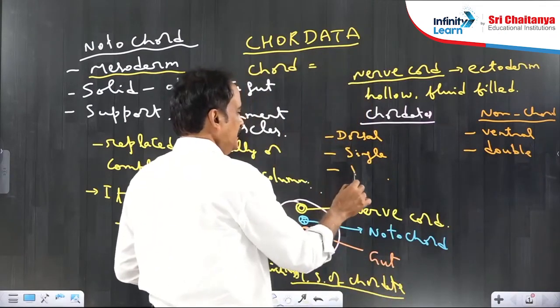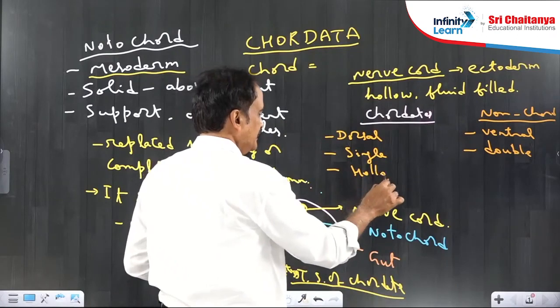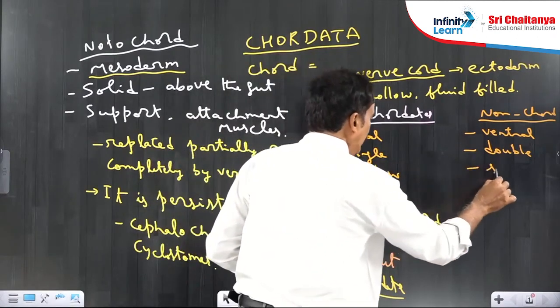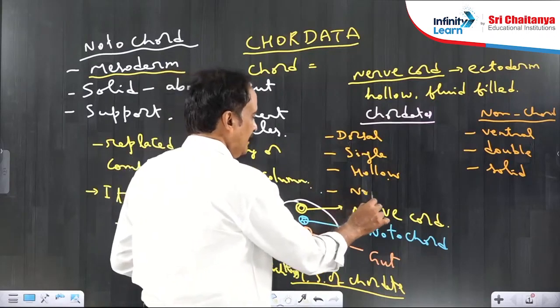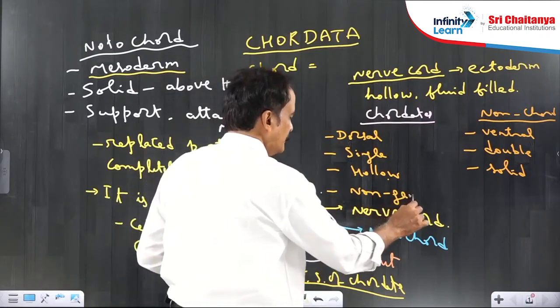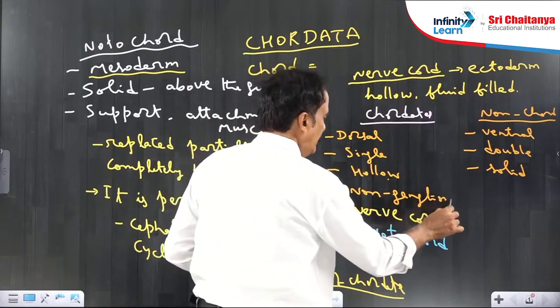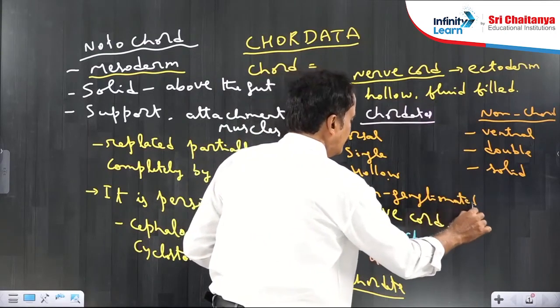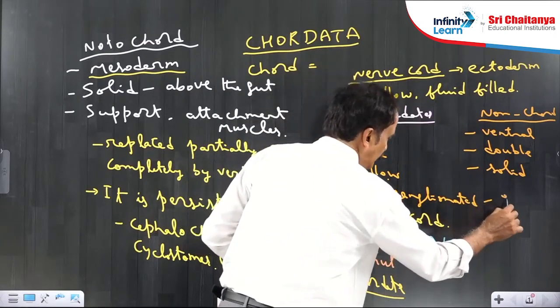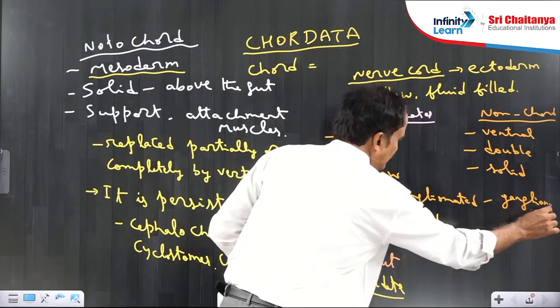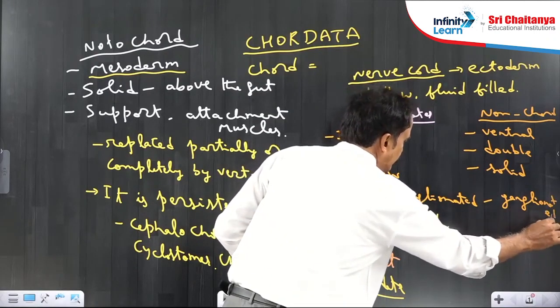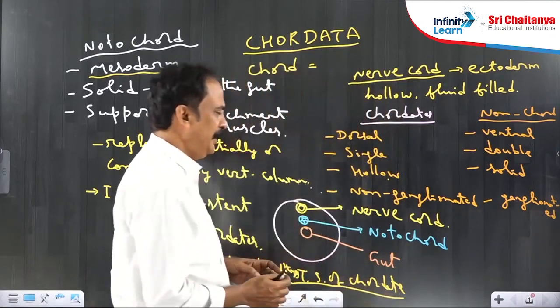In chordates it is hollow in nature, whereas in non-chordates it is solid. In chordates you don't find ganglia, ganglia are absent, that's what we say non-ganglionated. In non-chordates the nerve cord has ganglia, which is named as ganglionated.